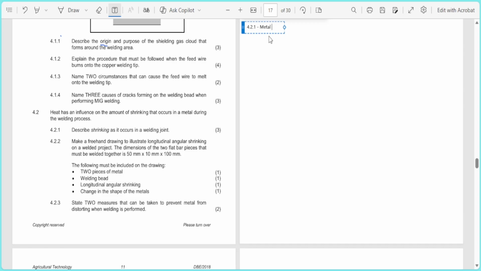Okay, so metal expands when hot and contracts when cool, instead of cold.